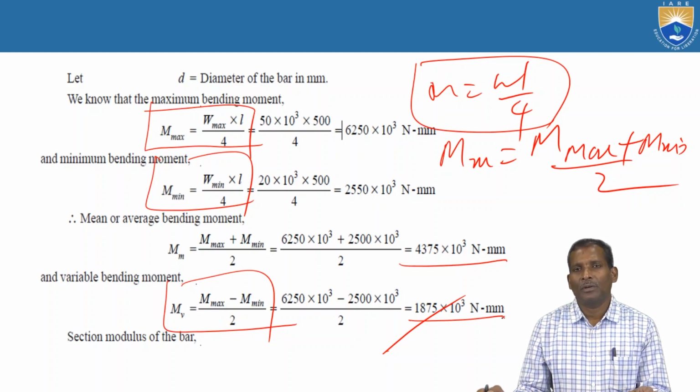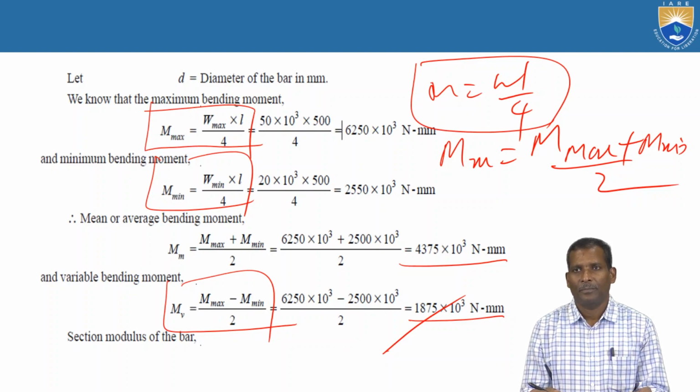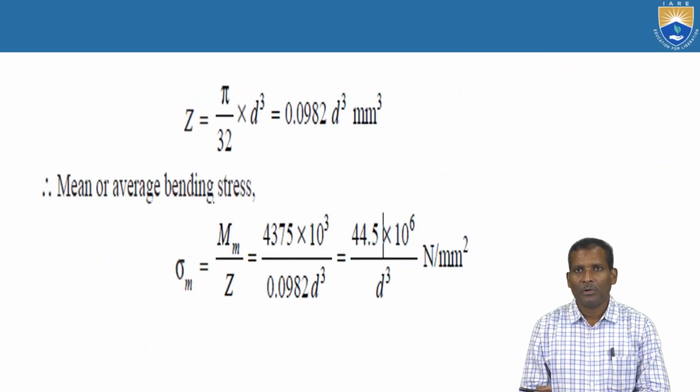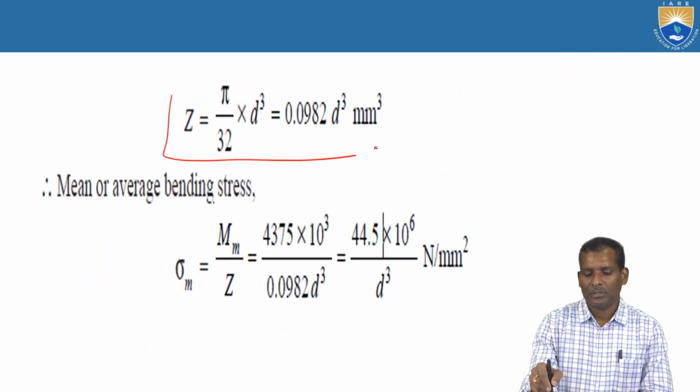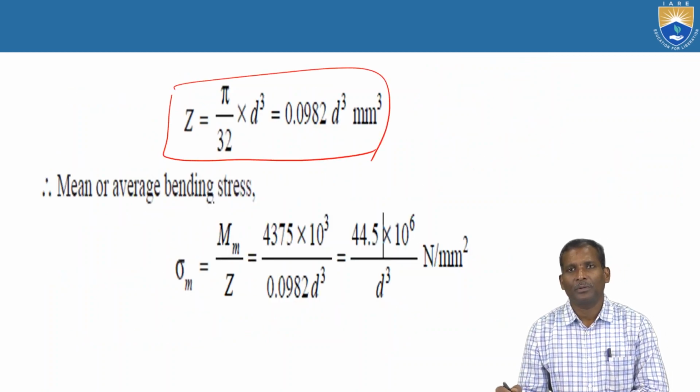Now calculate the section modulus of the bar, Z value, for bending stress calculation. Section modulus Z is equal to pi by 32 into d cube.